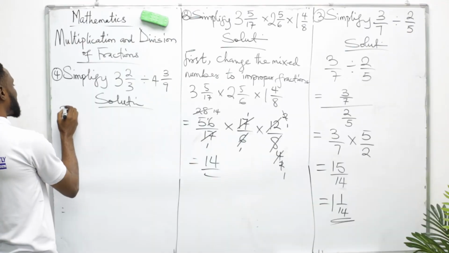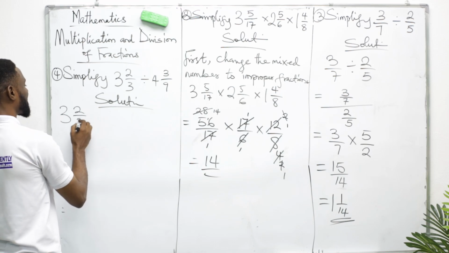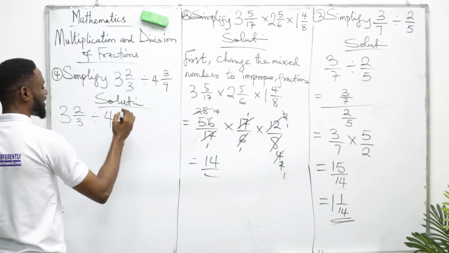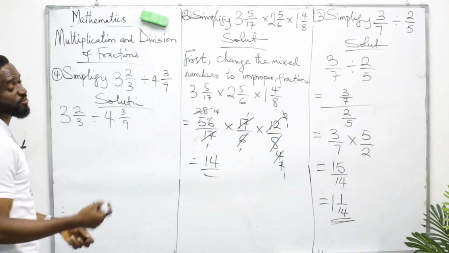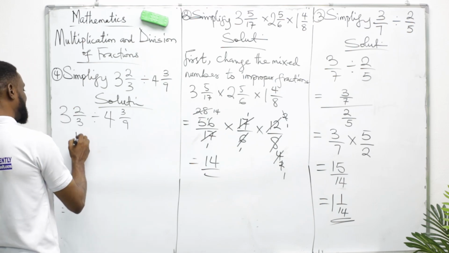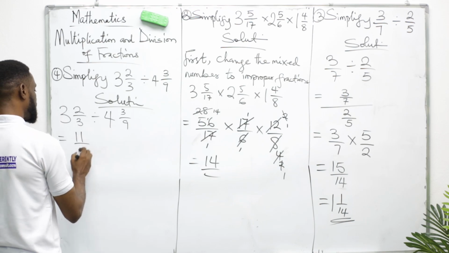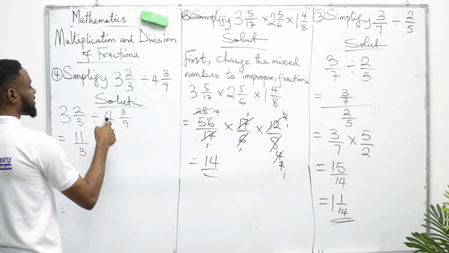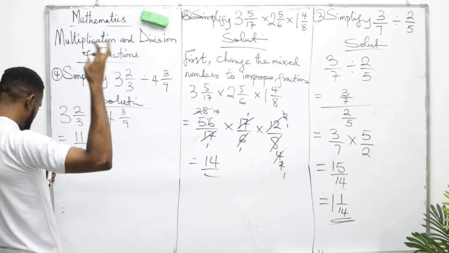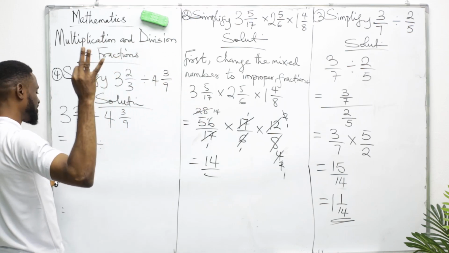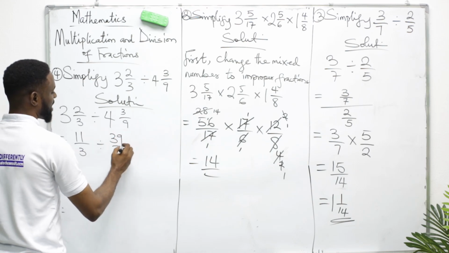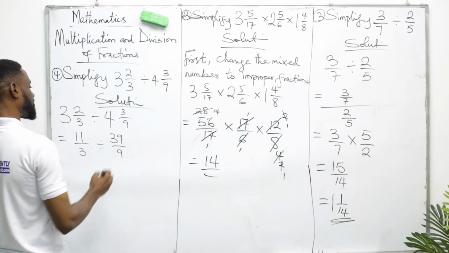So this will be 3 whole number 2 over 3 divided by 4 whole number 3 over 9. All right? So we change this to improper fraction. So this will be 3 times 3, 9, plus 2, is 11 over 3, divided by 9 times 4 is 36, plus 3 is 39 over 9.